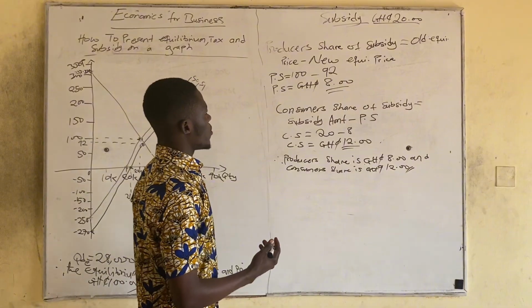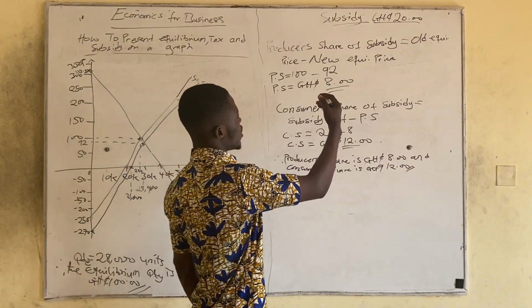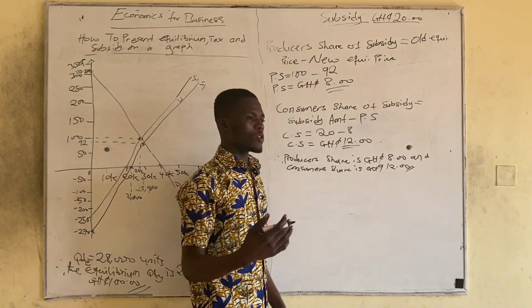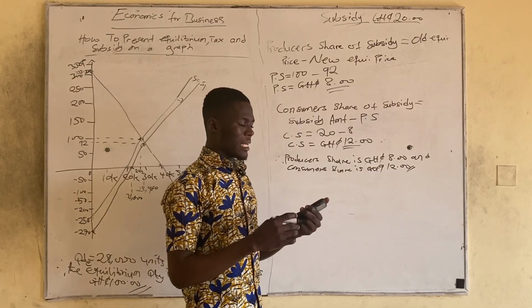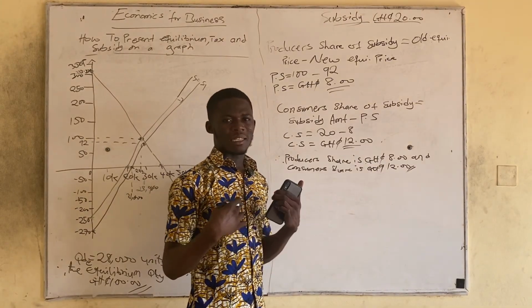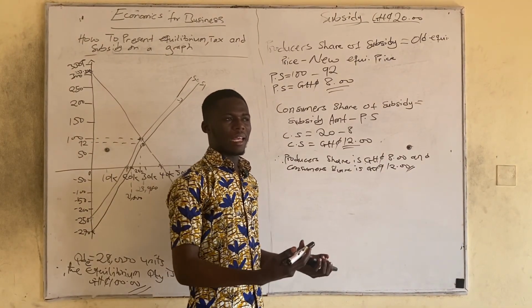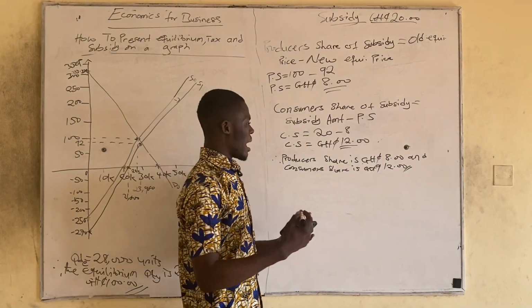Okay. Now we are done sharing the amount to both parties. Let's also look at the angle where it stated that we should find how much the government will earn after granting the subsidy amount.